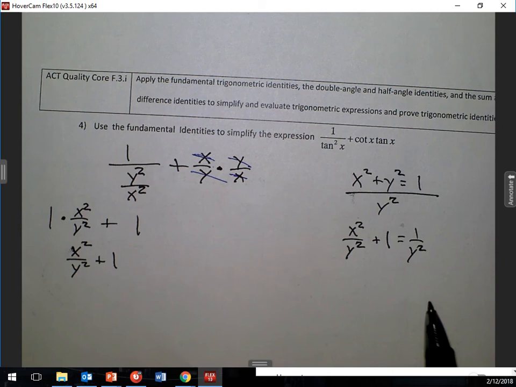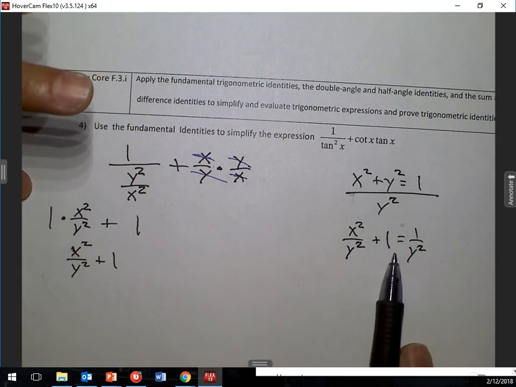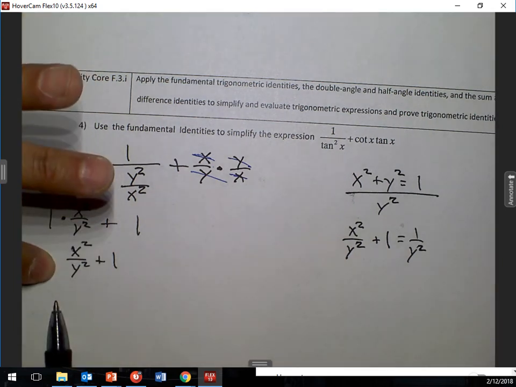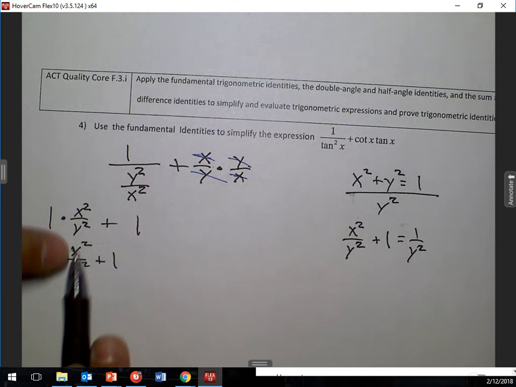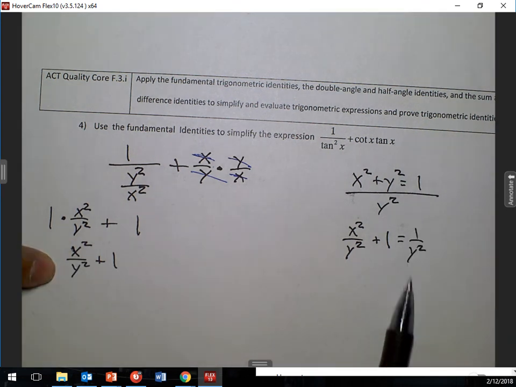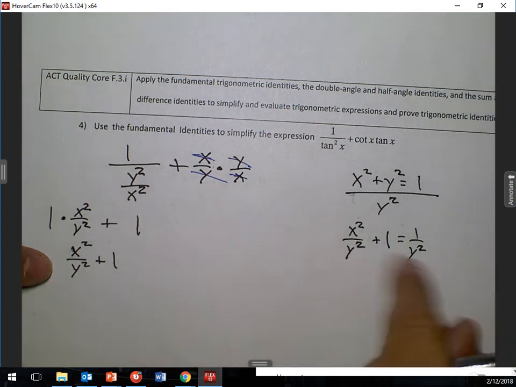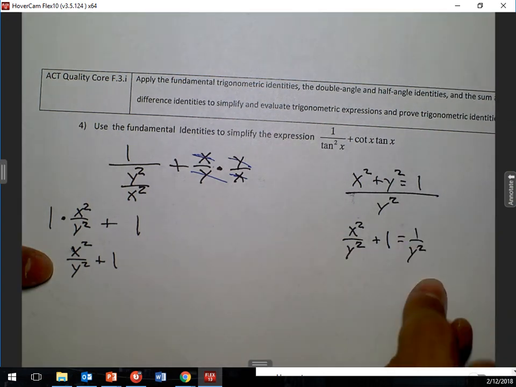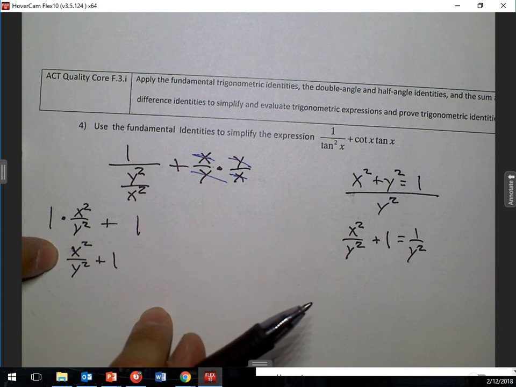You'll see it here in a second. So now, does this right here match this? Yes. It does, right? This matches this side right here. So you could just leave it as 1 over y squared. So to get your last point off of this one, you would look at it, change it to 1 over y squared, because this is substitution.